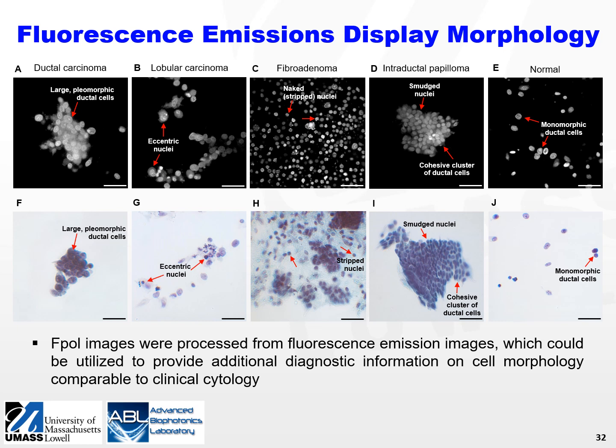The fluorescence emission images display cytomorphology, for example, eccentric nuclei in the lobular carcinoma sample and smudged nuclei in the intraductal papilloma sample. These features are similar to the features displayed in the clinical cytology images in the bottom row.